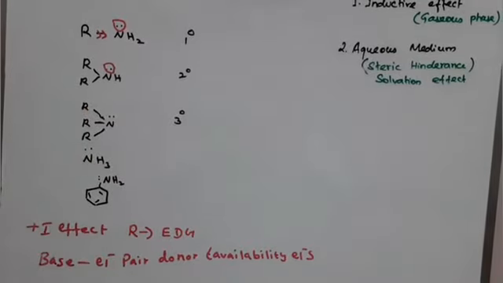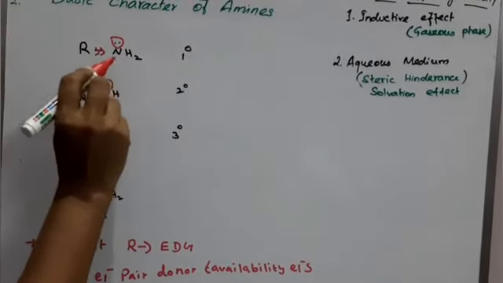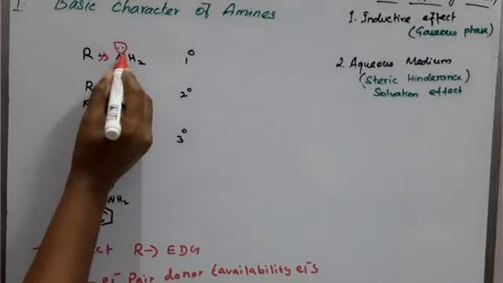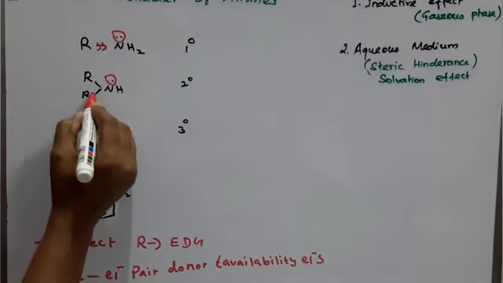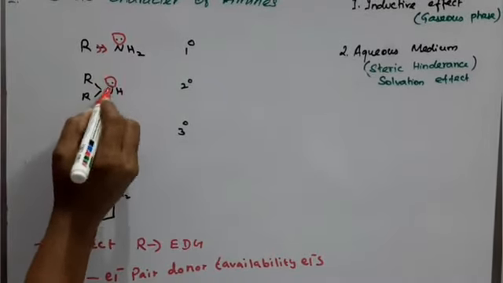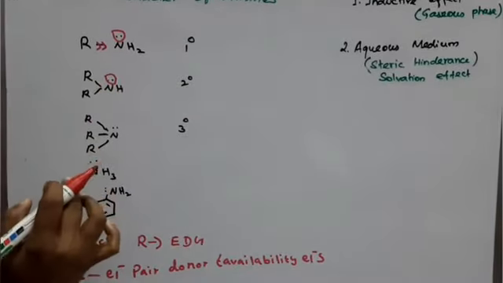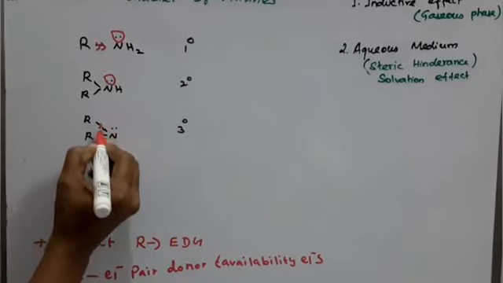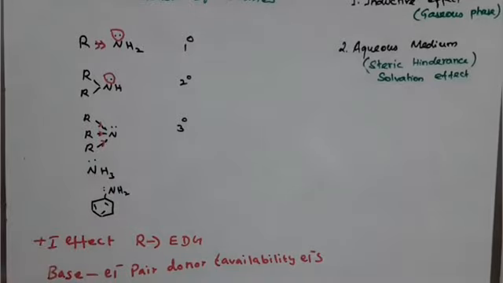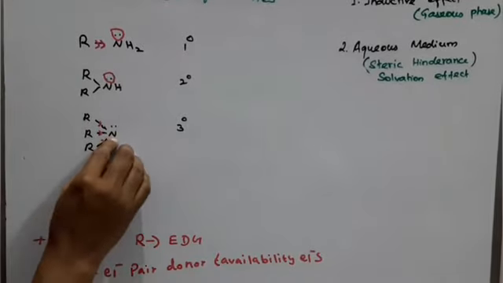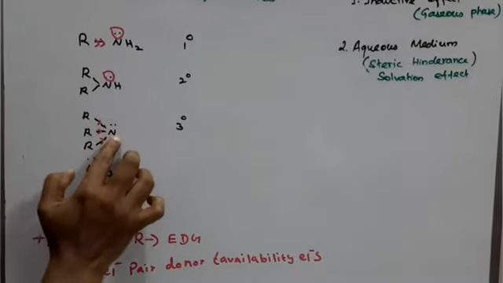In the primary amine, one alkyl group increases the electron density on the nitrogen, so it attains a stable form. With two alkyl groups, the nitrogen becomes more stable compared to primary. In the tertiary amine, three alkyl groups increase the stability of the nitrogen, so the availability of the electron pair is maximum.